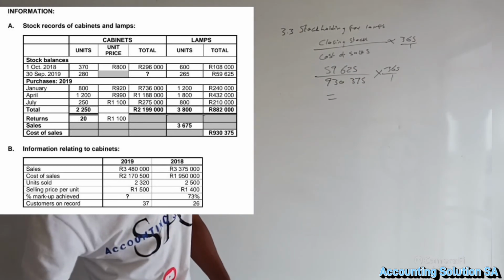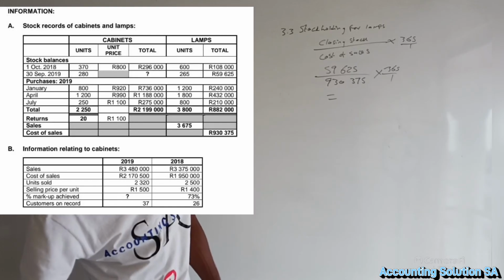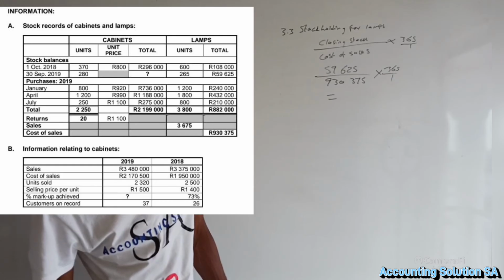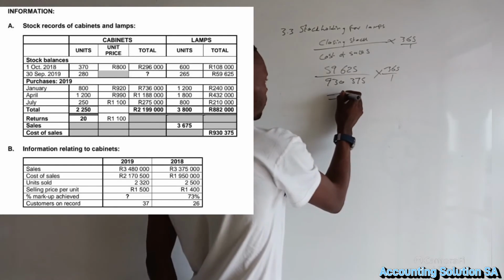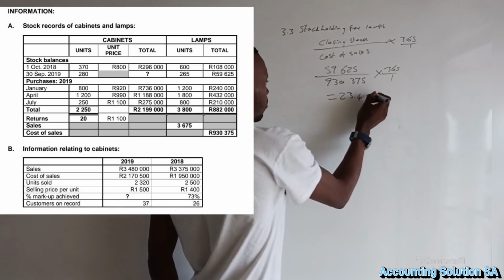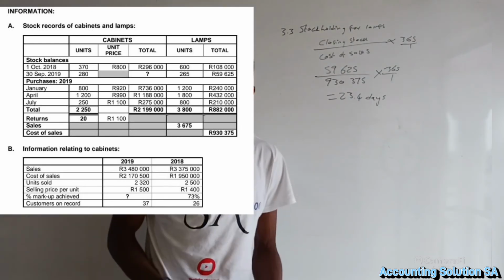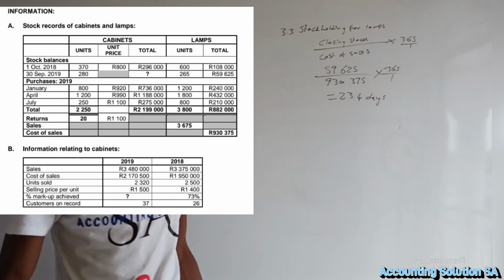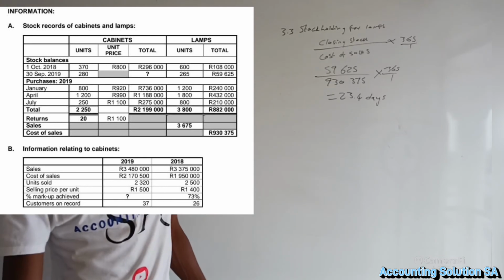Let's check how many days it's going to give us. It's going to give us 23.4 days. In other words, we hold inventory for 23.4 days. Okay, now let's proceed.